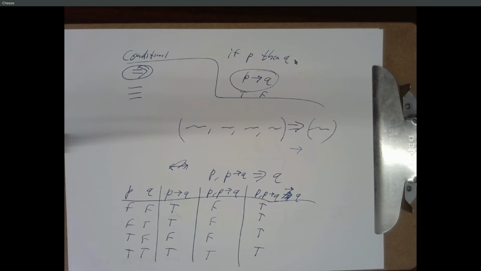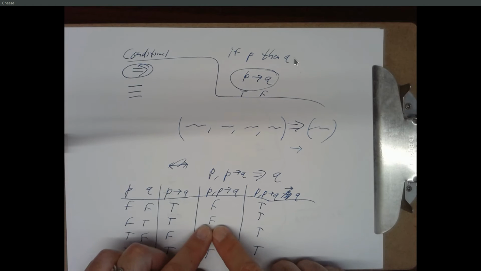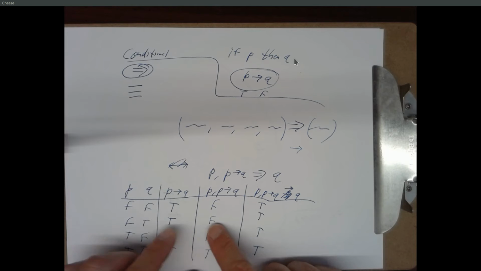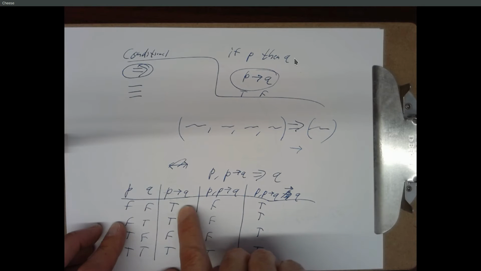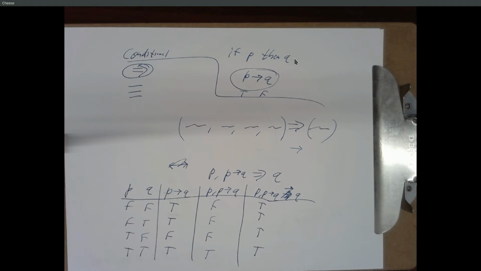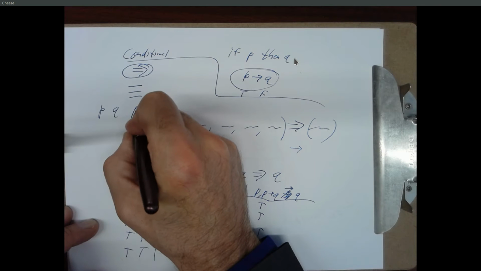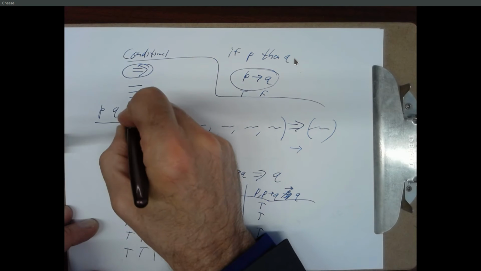So why is the second row true? The second row? Column, you mean? Yeah. Because the first statement is false, and if the first thing is false, it doesn't matter what the second thing is. Right? For a conditional, if the hypothesis is false, it doesn't matter what the conclusion is, the conditional is always true. That comma is really just an and.